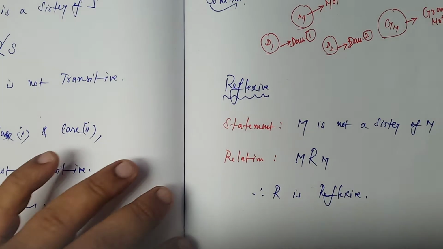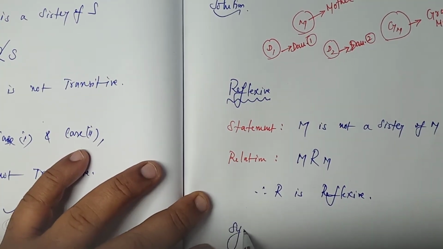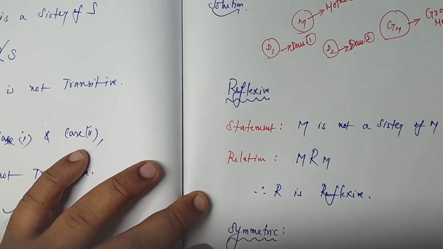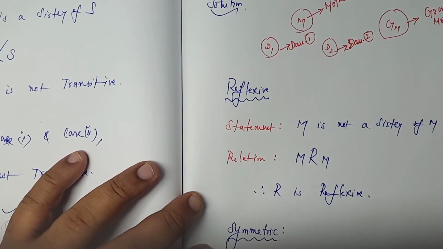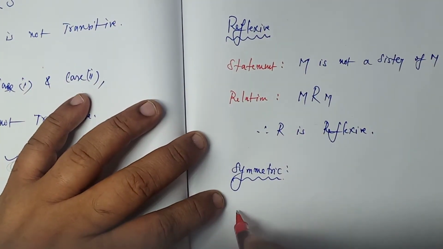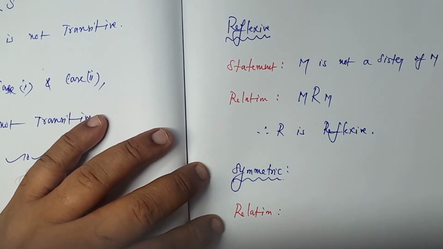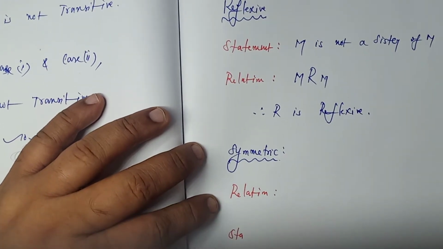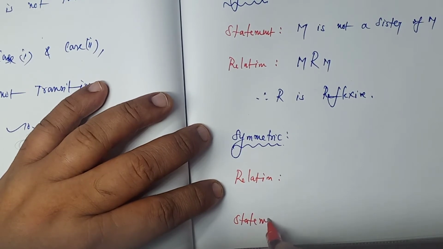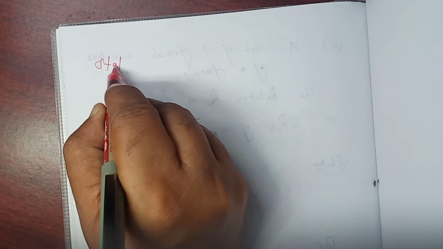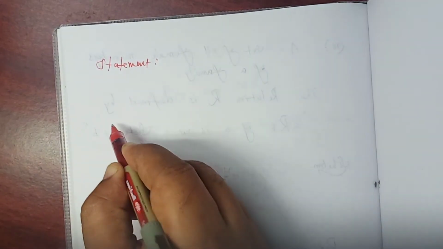Next, we can go for symmetric. For symmetric, start with the relation, statement, again statement, then relation.